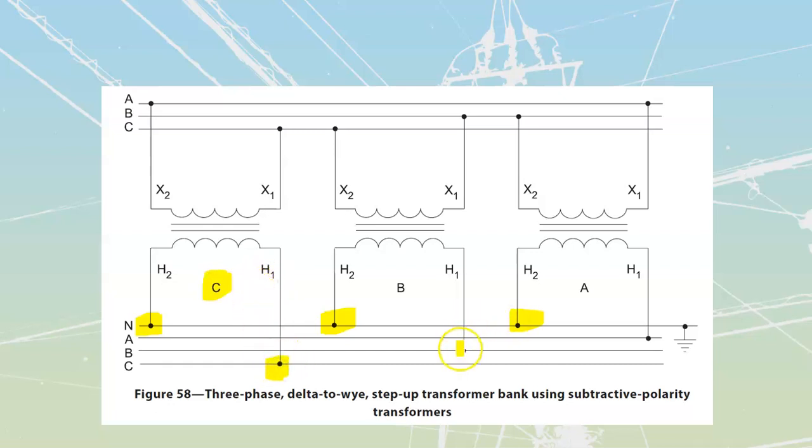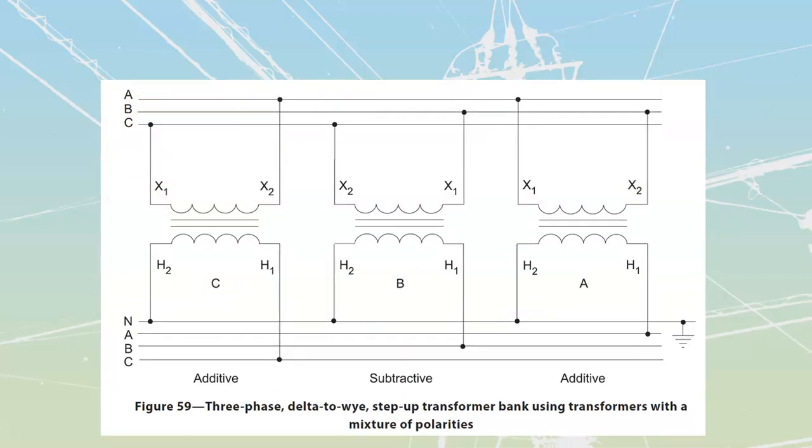C goes to C, B goes to B, and A goes to A. And then on the low voltage side, my X1 of A goes to A, my X1 of B goes to B, my X1 of C goes to C, and then A terminates on B, B terminates on C, C terminates on A, like that. Perfectly fine to use subtractive, and perfectly fine for us to go and use mixed polarities.